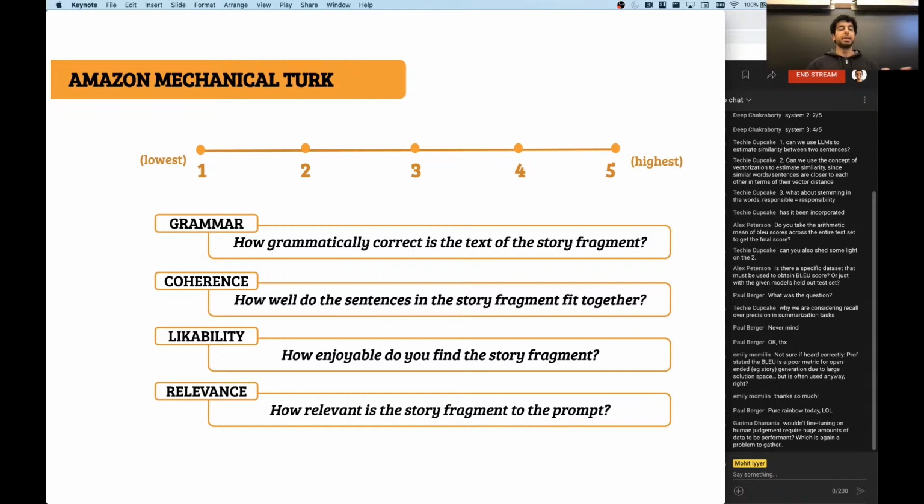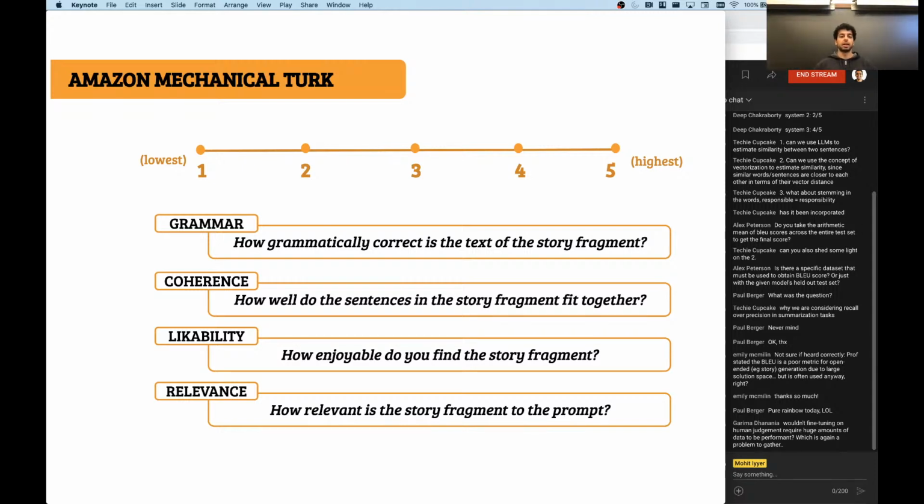And you pay the workers some small amount for each task that they complete. People like this platform because you can run these evaluations fairly cheaply. There's a lot of workers, and you can get things done very quickly.